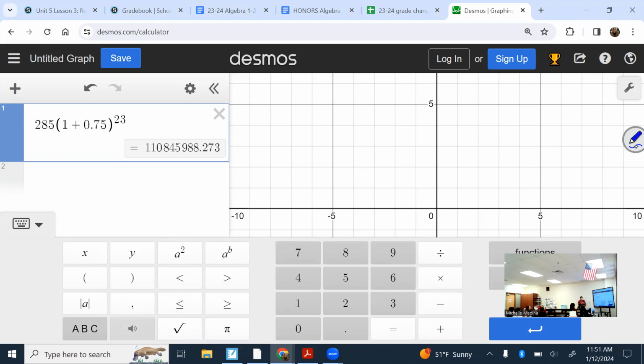So don't put the decimal part. You can't have 0.273 of a person. Only for the ones that are talking about people or things that can't be decimals. Like if they were talking about fish, can't have a decimal of a fish. But if it was money, yeah, you'd want 2 decimals.